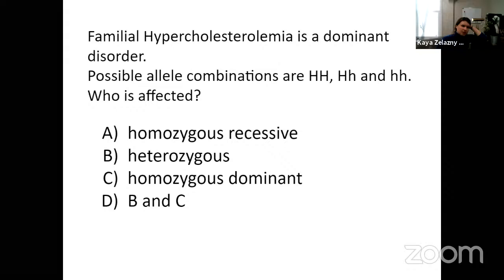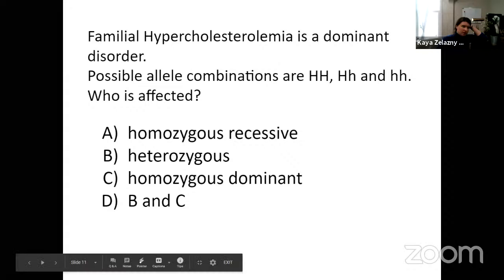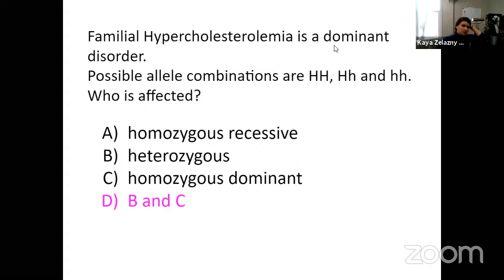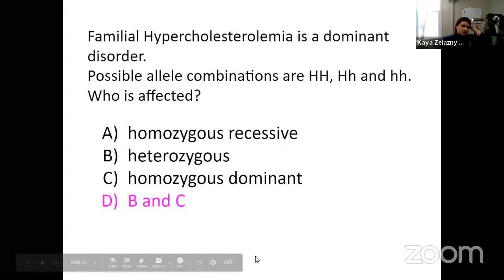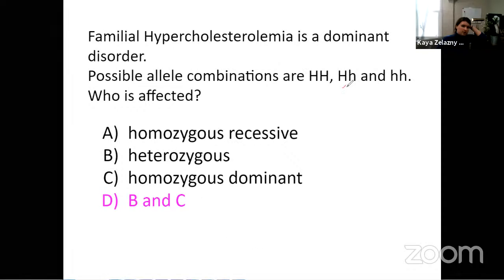Okay. So because we're now looking at a dominant disorder, this means that any individual who contains a copy of this dominant allele is going to be affected. So this means our heterozygous individual, the one that has two different versions but does have one version of the dominant allele, is going to be affected.